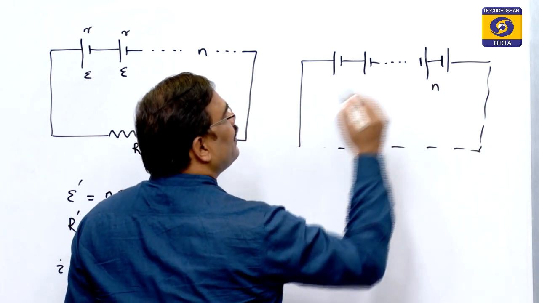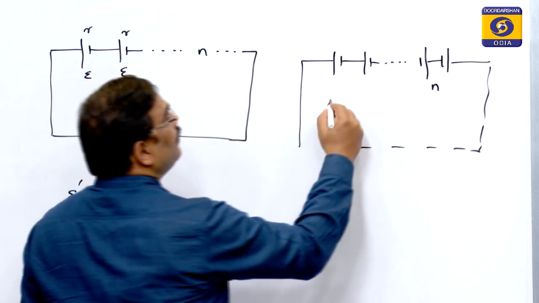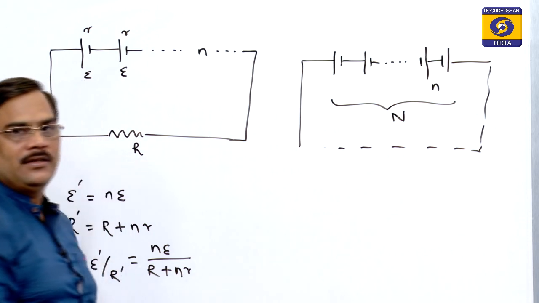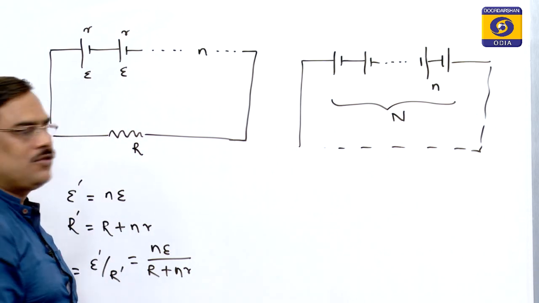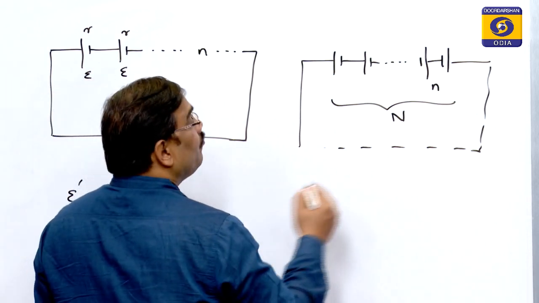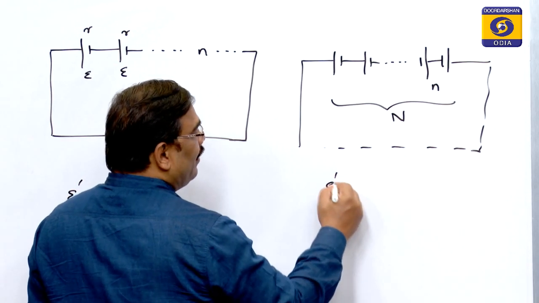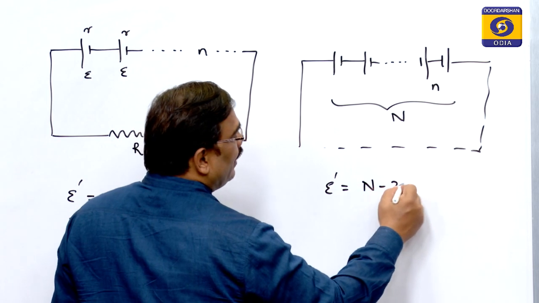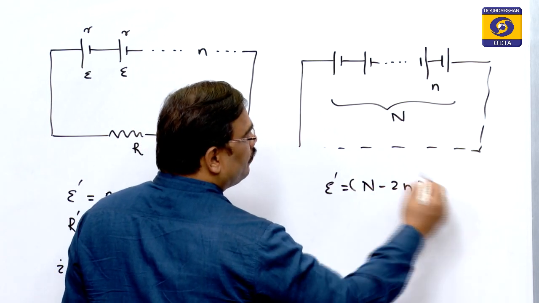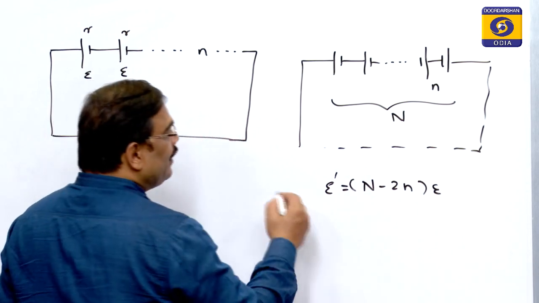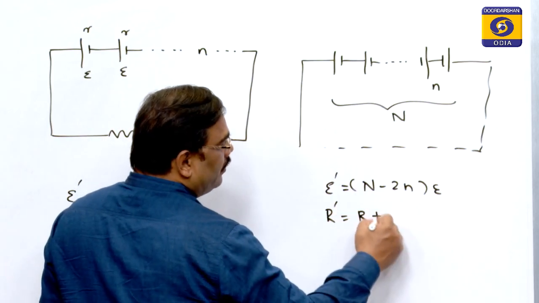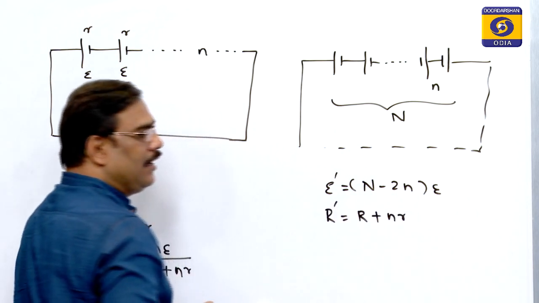Suppose n number of cells are wrongly connected and the total number of cells in this group is capital N. So, in this case, what will happen? Your total EMF E dash will be calculated by the formula (N minus 2n) into E, whereas the effective resistance R dash will remain as it was, R plus Nr.